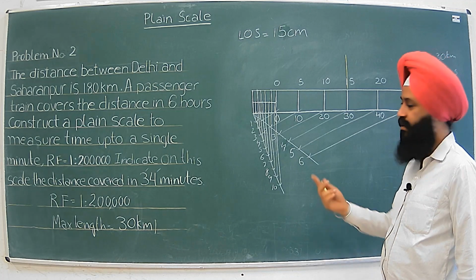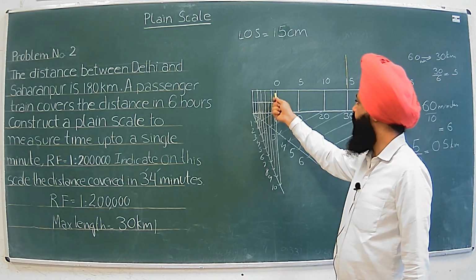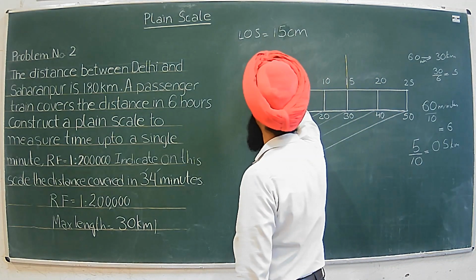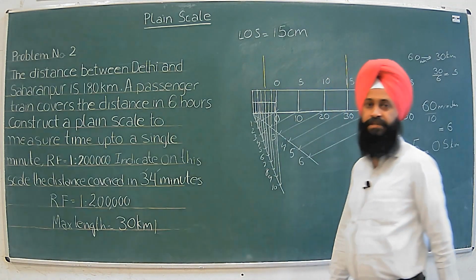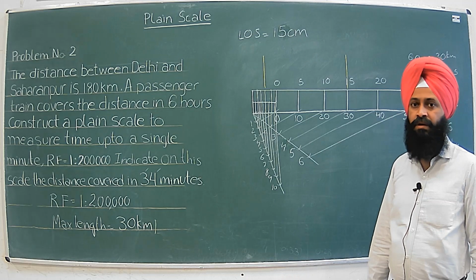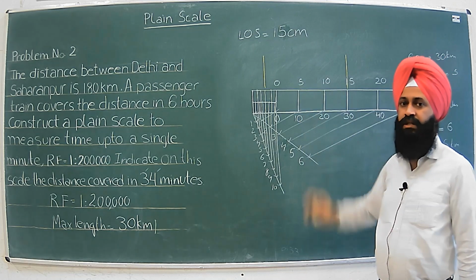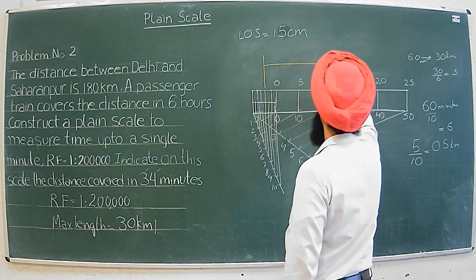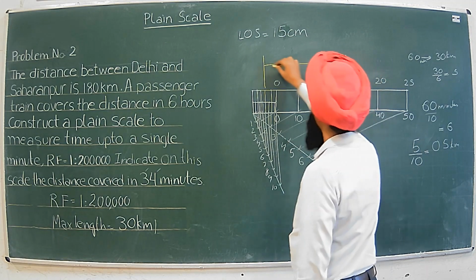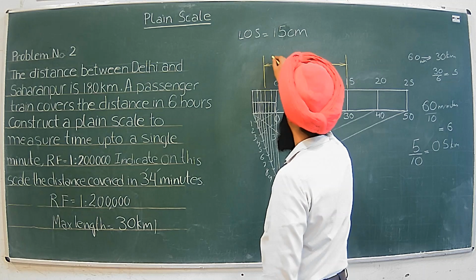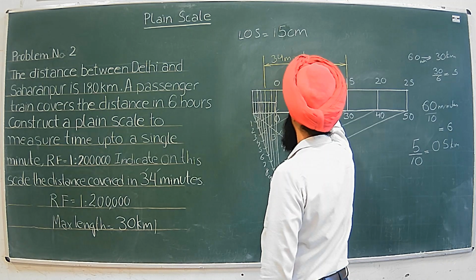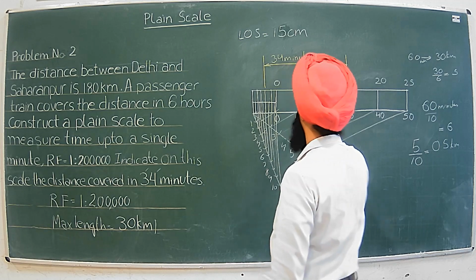Now there are 4 minutes, taken from these divisions, 4 divisions which are representing a single minute. So 30 plus 4 is 34 minutes, and this is the dimension for 34 minutes.